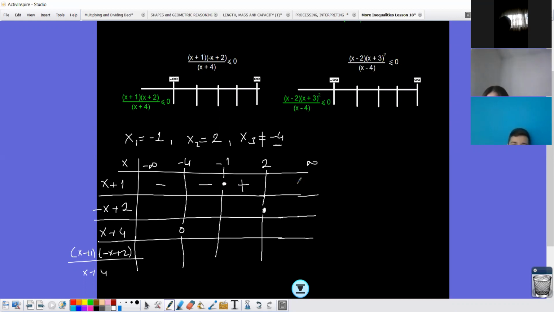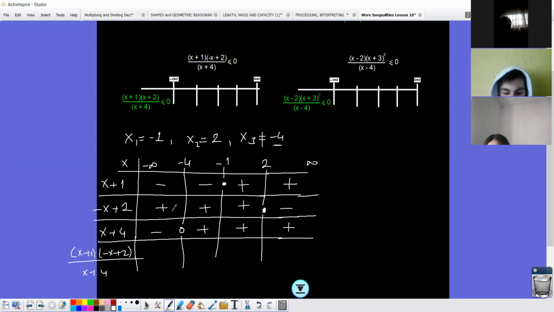What about the second one? It will be plus, plus and minus. And here, minus, minus, plus and plus. Now, minus times plus will be? Minus. Minus over minus, plus. So here the first one will be plus.